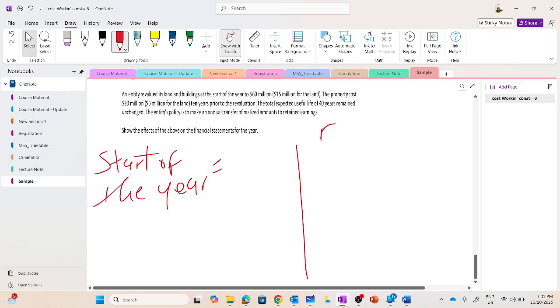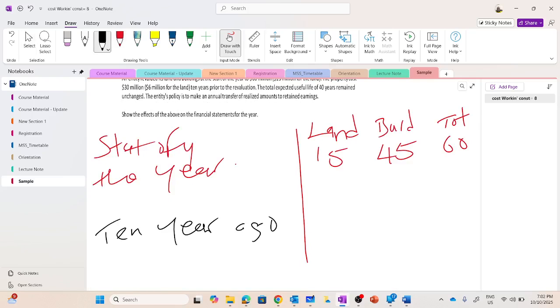Ten years ago value: the land cost 6 million, the building cost 24 million, a total of 30 million. So now what we need to do, we need to calculate the depreciation.